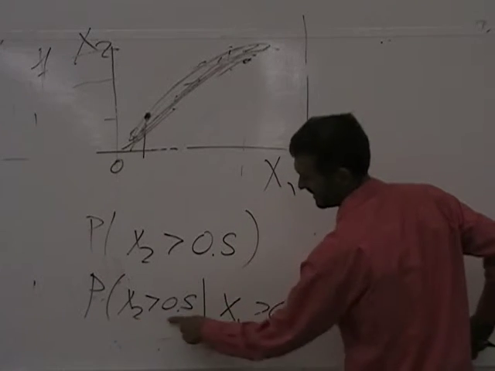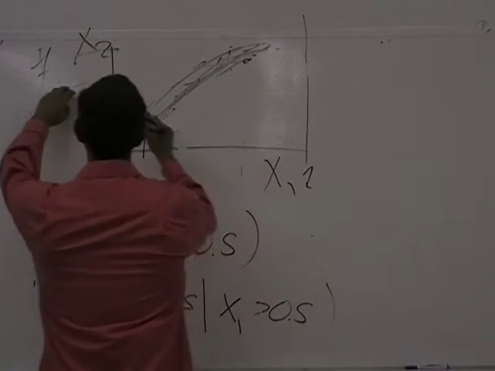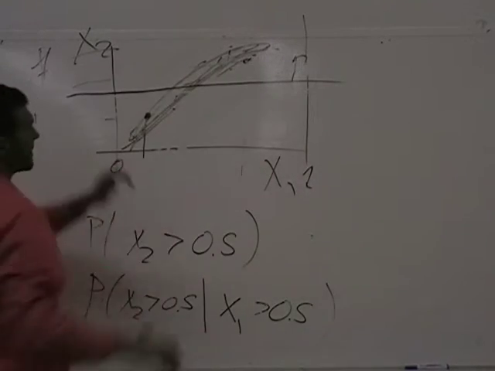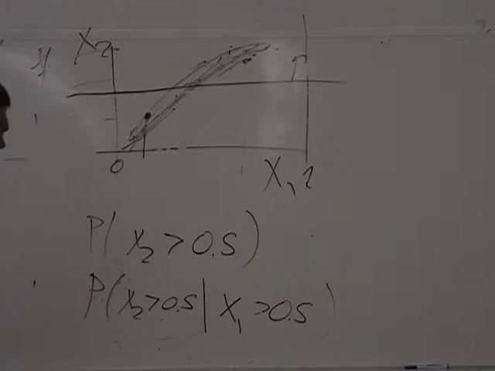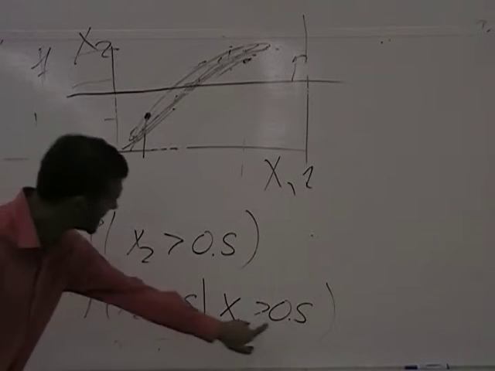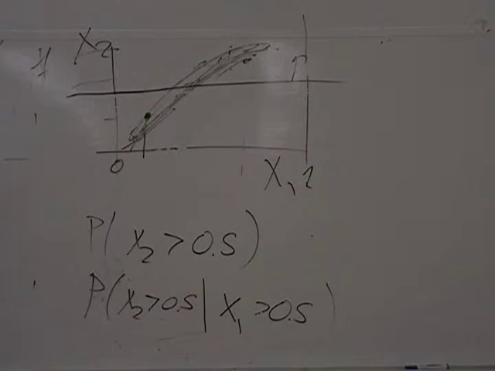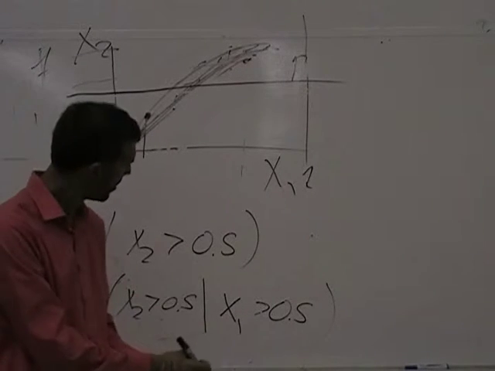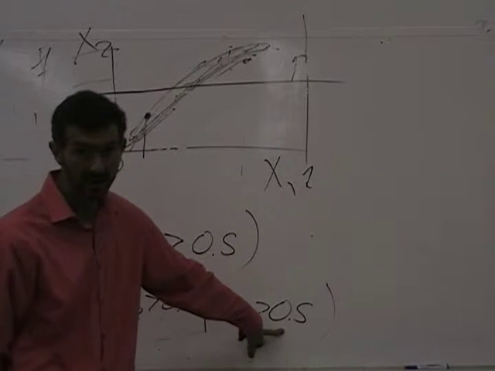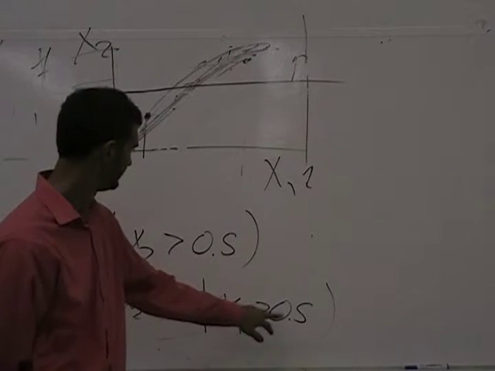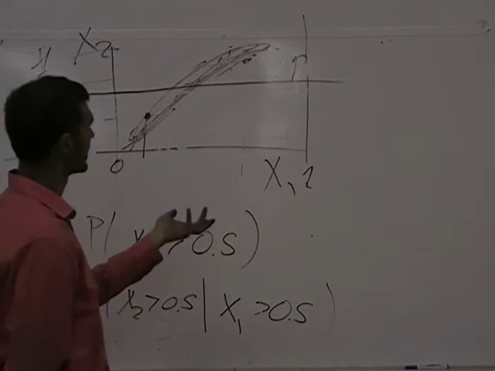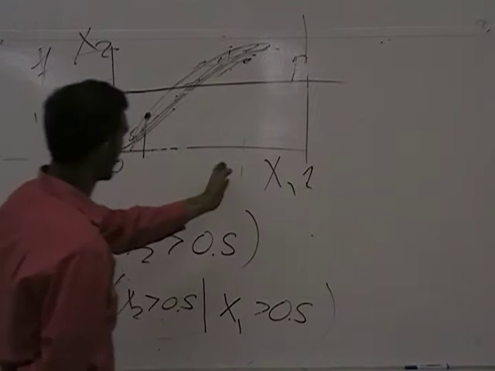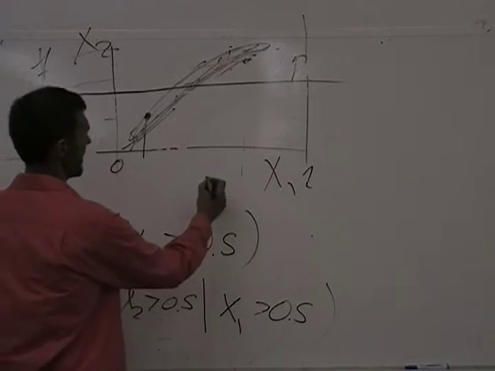The probability that x2 is greater than 0.5 is 50%. But now we're conditioning on assuming we know x1 is in the greater than 0.5 space.